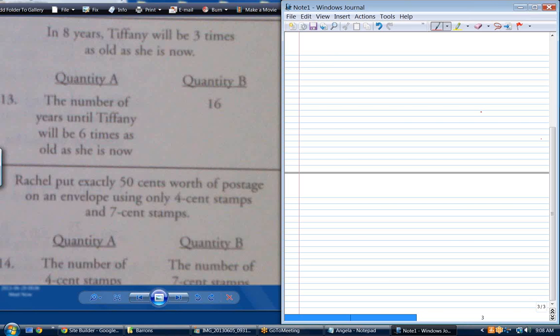In other words, this is kind of like back solving. Pick another age for her. 24 now? I don't know. Go down. She's not 8 years old now because in 8 years she wouldn't be 3 times as old as she is now. So try a smaller number.